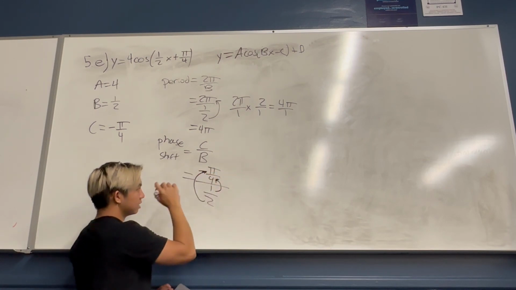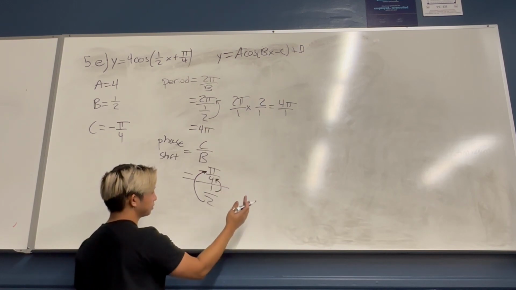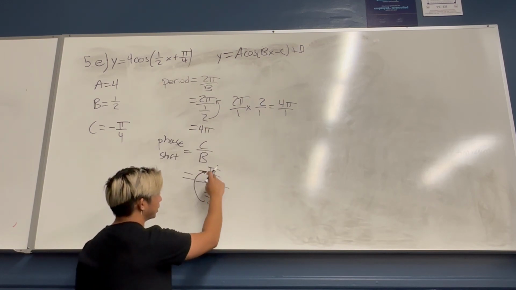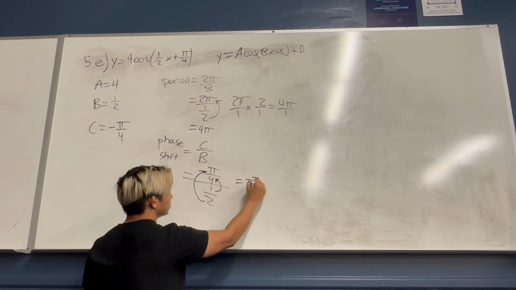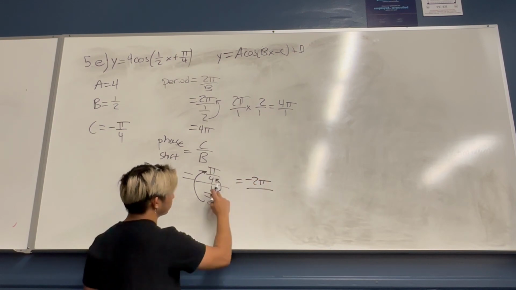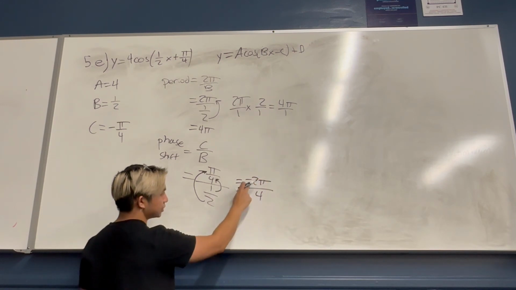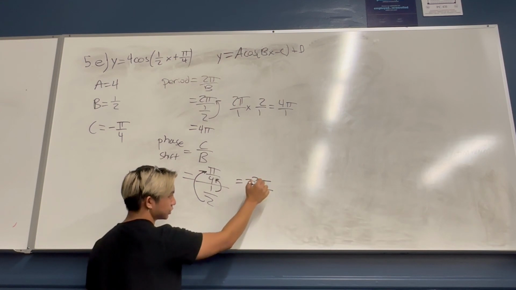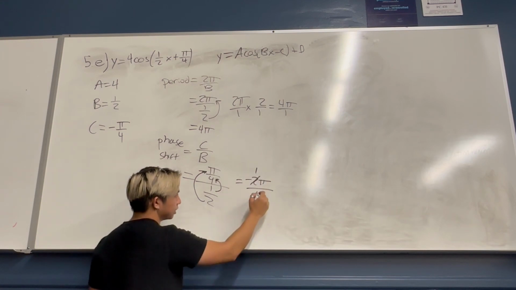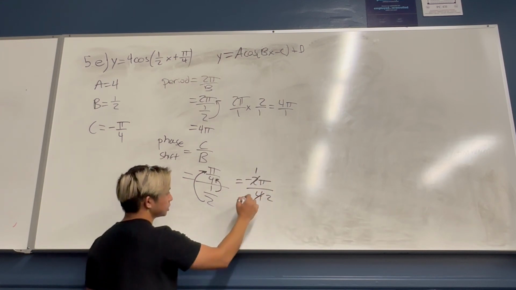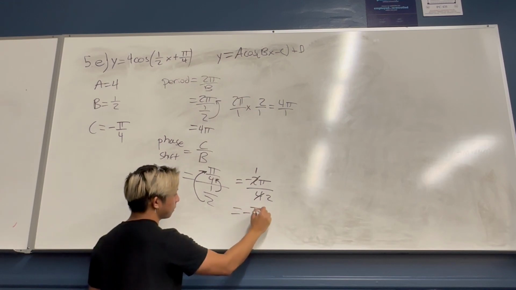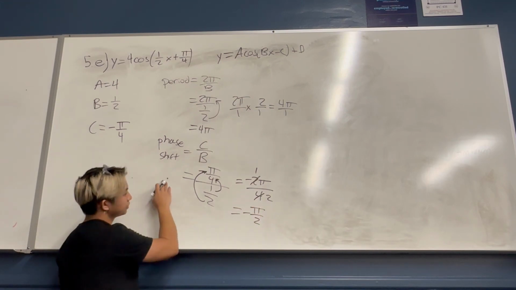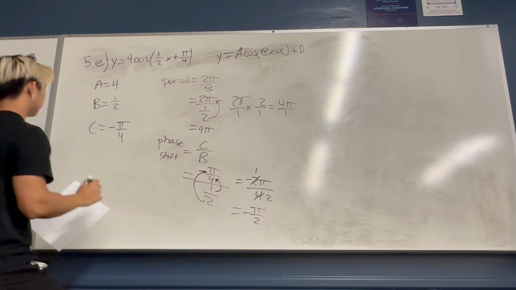Now with these arrows we multiply. At the top, this becomes negative 2 pi over 4. We have a 2 and a 4 here, so I want to cancel out this 2. This becomes 1 and this becomes 2. Now I'm left with negative pi over 2. So our phase shift here is negative pi over 2.